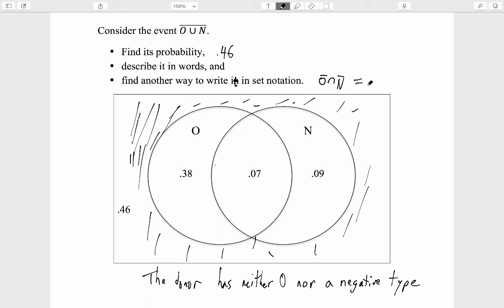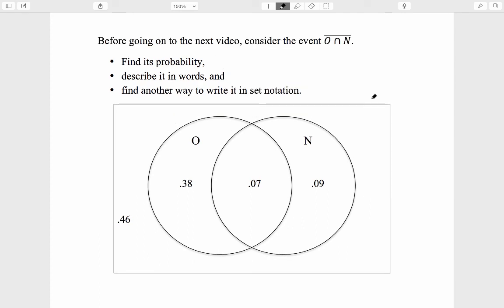Behold, we have discovered that O complement intersect N complement is the same event as O union N complement. Before going on to the next video, consider the event O intersect N complement. Find its probability, describe it in words, and find another way to write it in set notation.